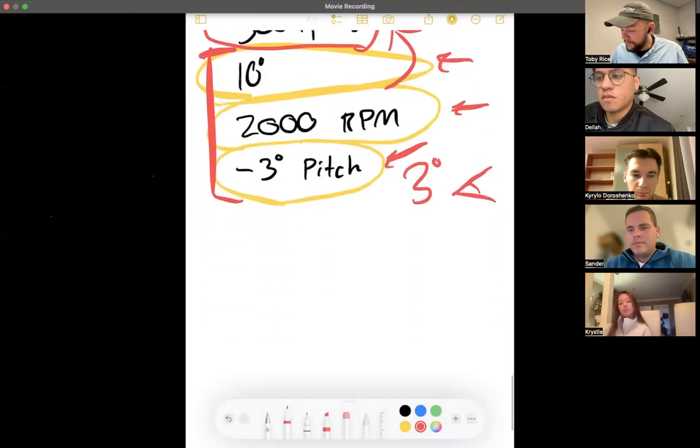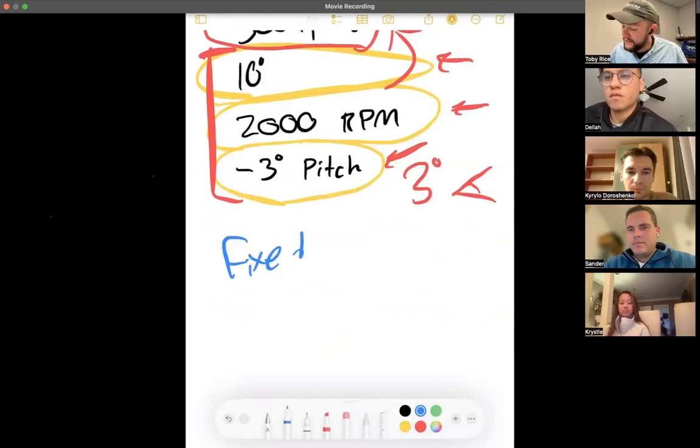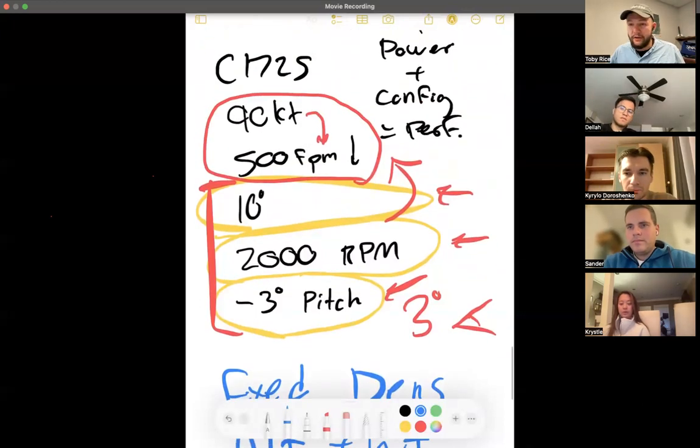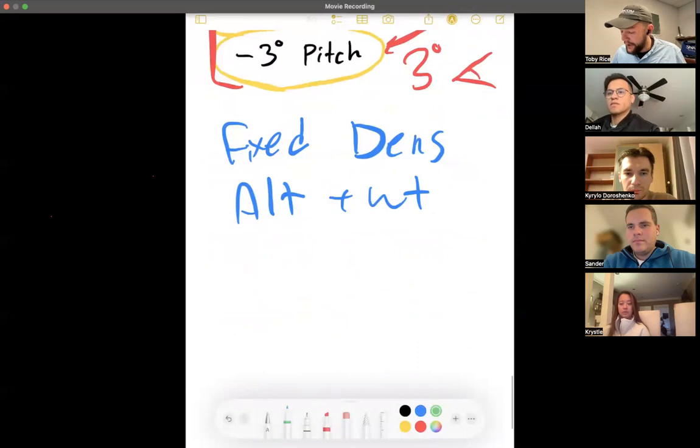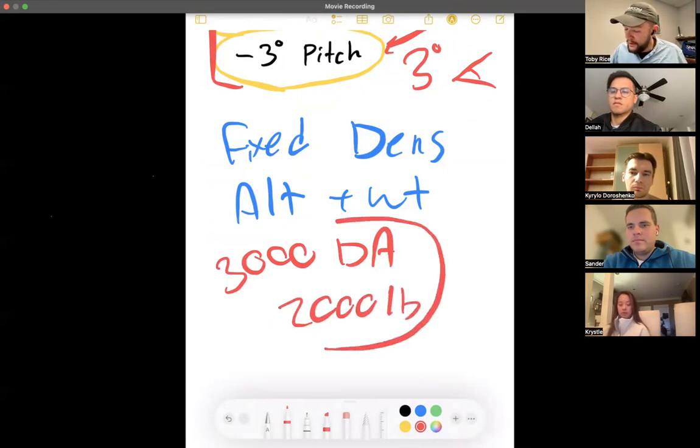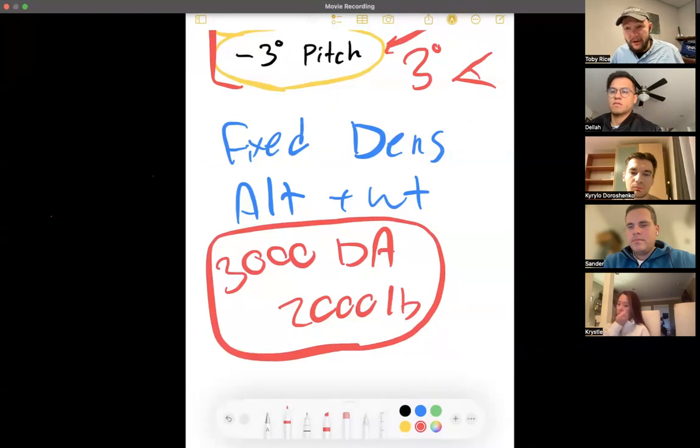This all works at a fixed density altitude and weight conditions, etc. So this works here for me at a density altitude of about 3,000 feet at 2,000 pounds gross weight.